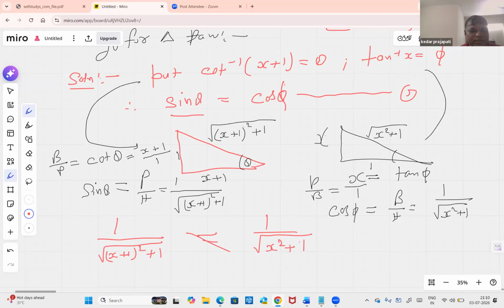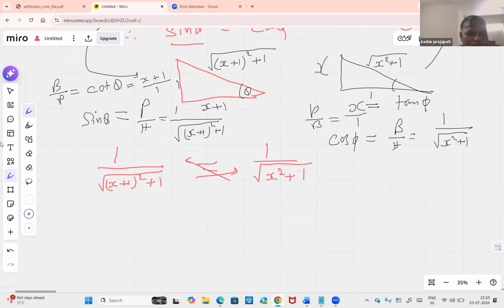Now we just cross multiply and take a square. So root over x square plus 1 is equal to root over x plus 1 square plus 1.